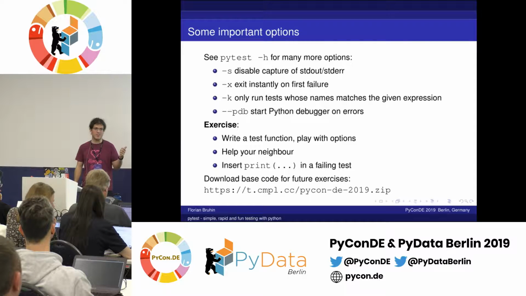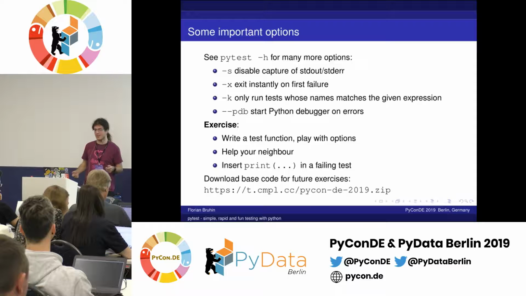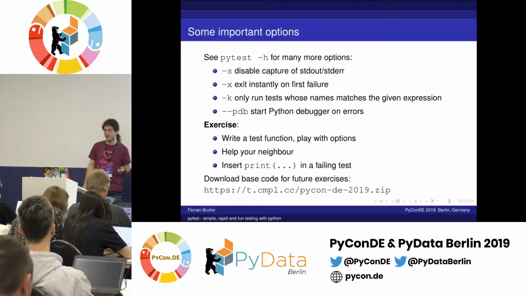And with the -s option, you can tell it, hey, just disable that capturing, show me all the output, even of passing tests. With -x, you can tell PyTest to exit instantly if there is some failure. You can use -k, like keyword, to filter with a given expression.